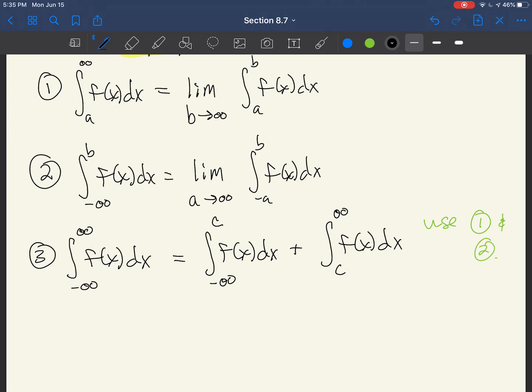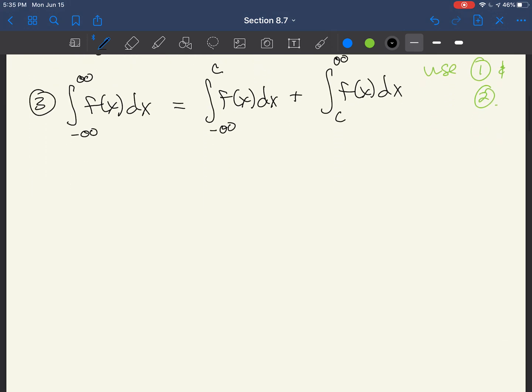And then we use 1 and 2. Since we are talking about infinity, and this is area under the curve over the whole real line, this area could fail to exist. And so we're going to define more about what we mean by that.